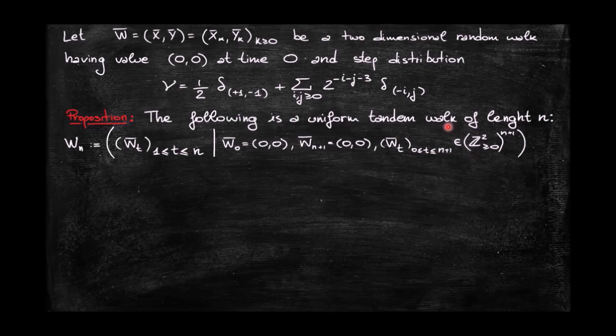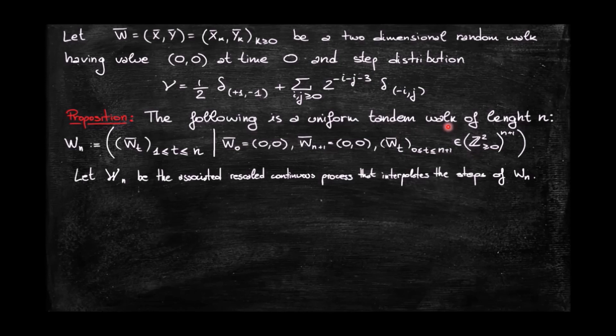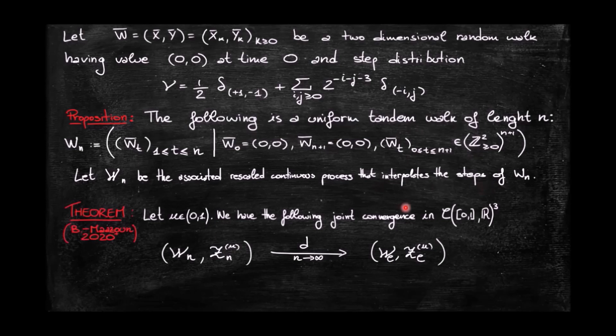And in particular, if we consider the associated rescaled continuous process that interpolates the steps of this walk, what is easy to show is that this walk converges to what is called the two-dimensional Brownian excursion in the non-negative quadrant with correlation -1/2. This is a corollary of the result of Denisov and Wachtel on random walks in cones.